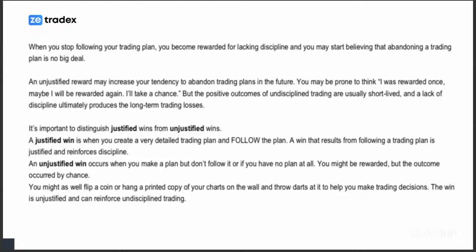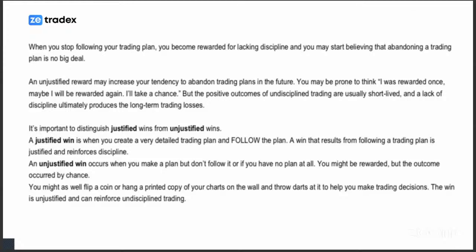You might be rewarded, but the outcome occurred by chance. You might as well flip a coin, or hang a printed copy of your charts on the wall and throw a dart at it to help you make trading decisions. The win is unjustified and can reinforce undisciplined trading.